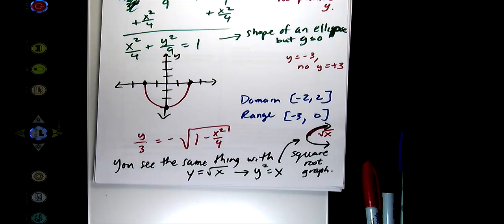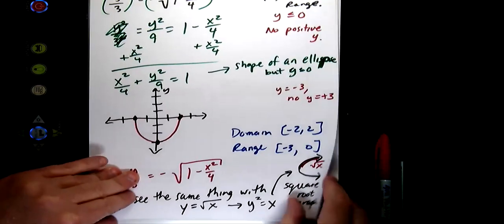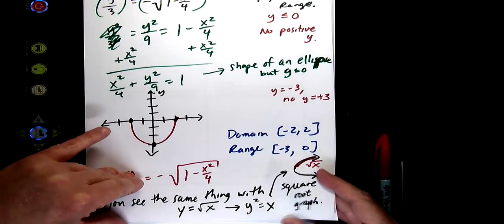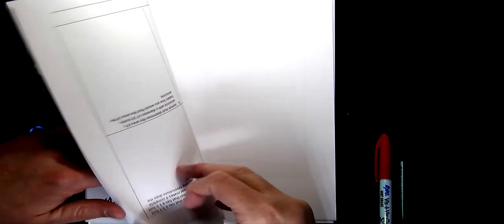All right, let's change this up. Let's go back to the full Monty, full glory of the original ellipse equation. Let's put the h and the k back in.